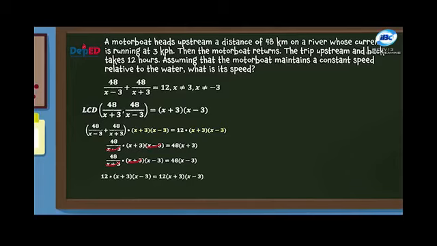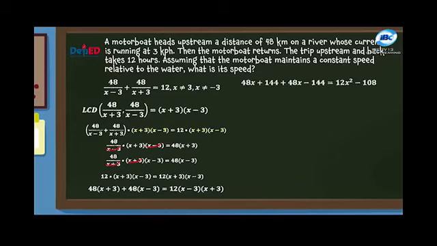While 12 times the LCD can just be expressed as 12 multiplied by the binomials x plus 3 and x minus 3. The resulting equation is 48 times the binomial x plus 3 plus 48 times the binomial x minus 3 equals 12 times the binomial x minus 3 times the binomial x plus 3.